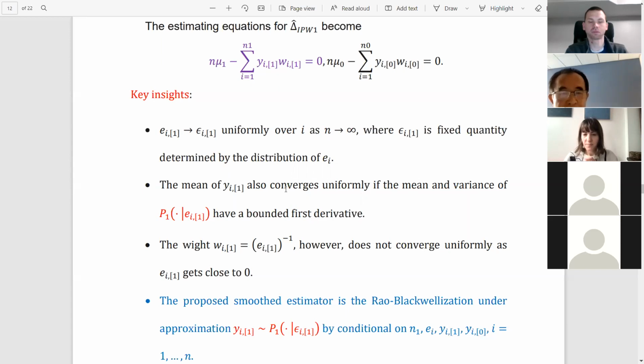Yeah, but I thought with the propensity score, you can ignore the predictors, right? You don't have to worry about the predictors. That's true. But if I caught what you were saying, conditional on the propensity score, the distribution of y should not be too variable.